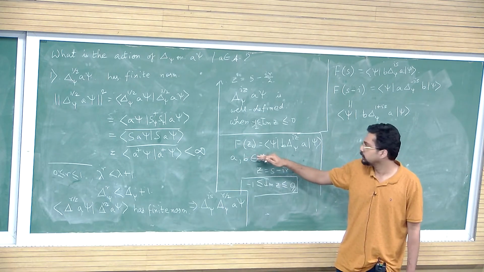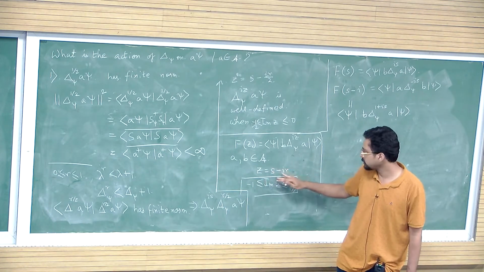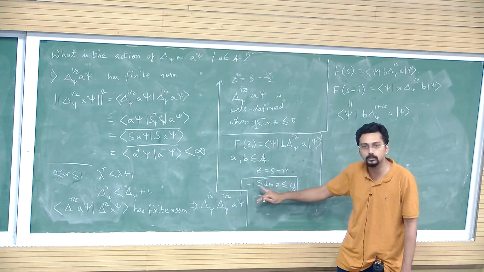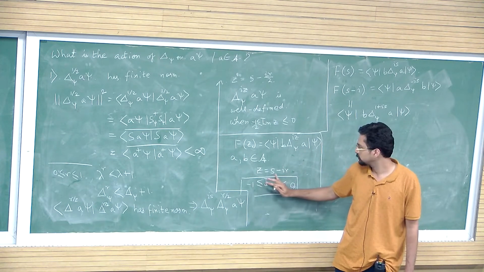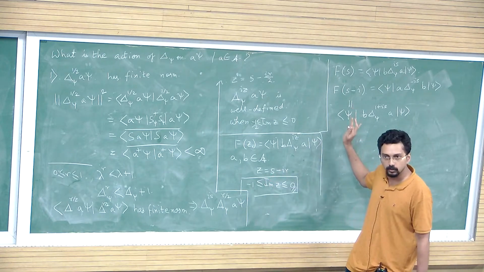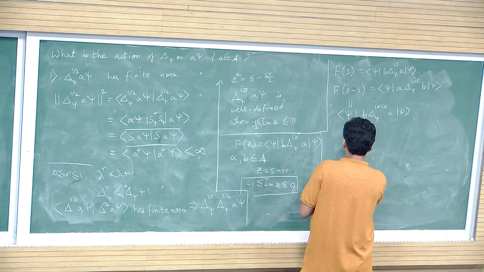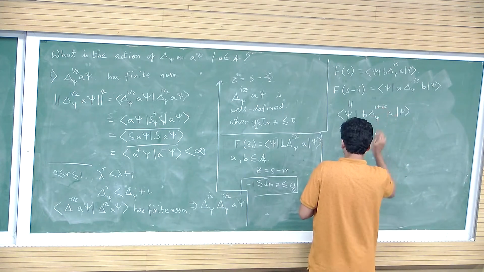This is fine, right? All I have done is, this is a function of z. I have plugged in here s plus I. I have chosen r to be minus 1. Sorry, r is 1. Okay, this is fine. Now, this object was Hermitian.